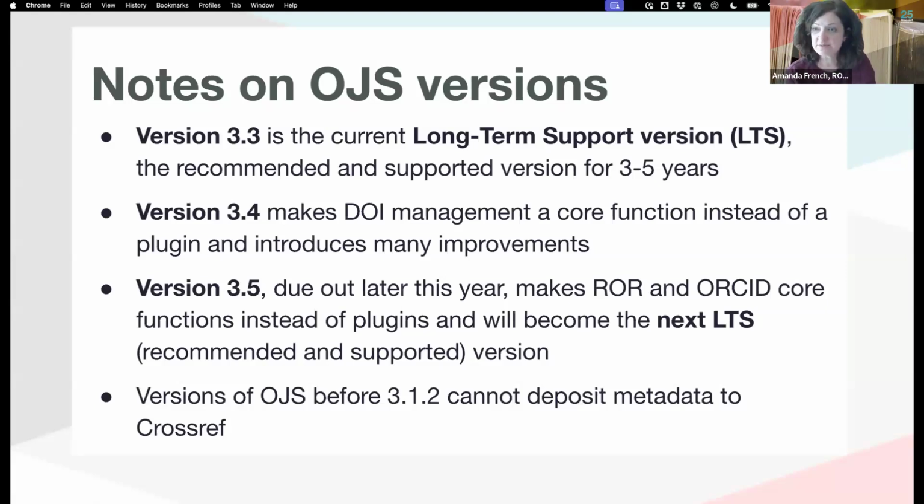So first of all, in terms of OJS versions, version 3.3, which I think 33% of you are using, which is a very appropriate number, is the current long-term support version of Open Journal Systems.